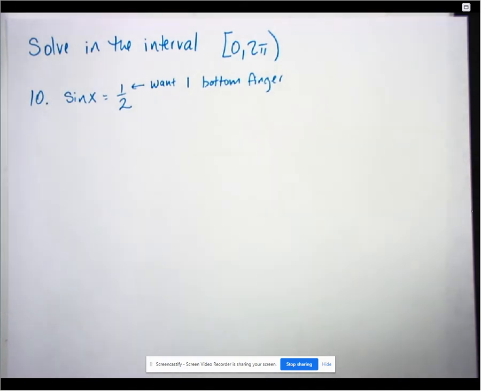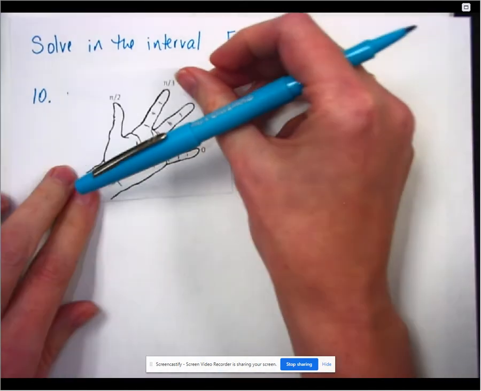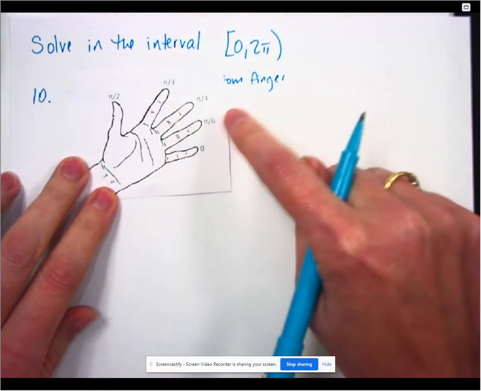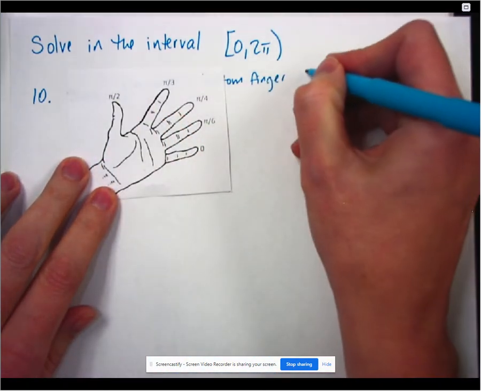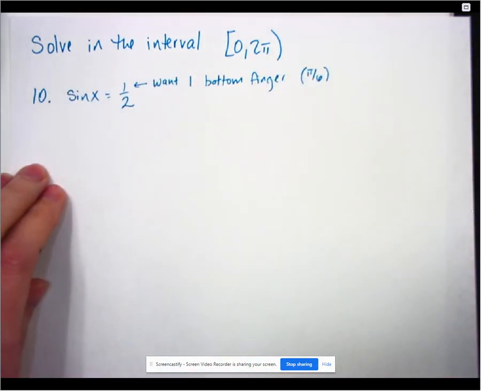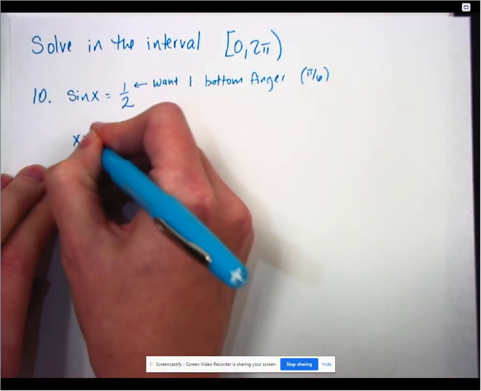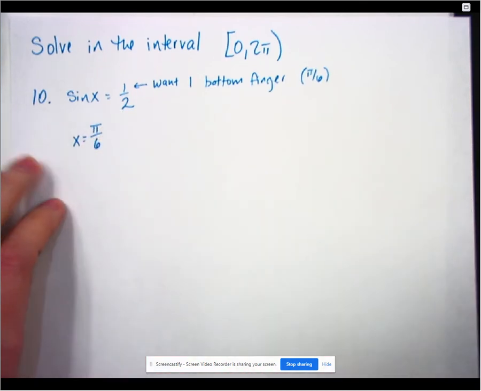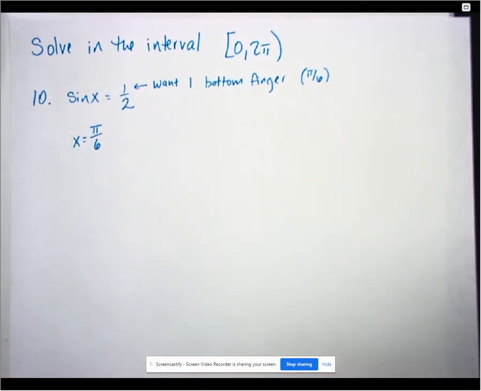The finger that has 1 bottom finger is pi over 6. So we have an x that's pi over 6 because the sine of pi over 6 is 1/2.